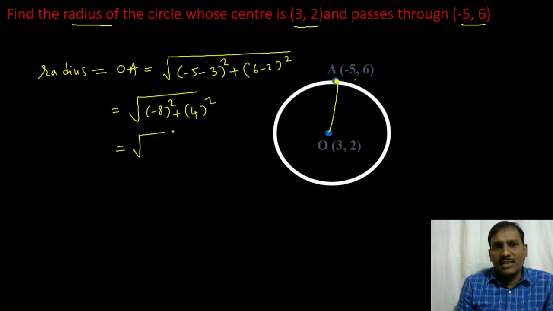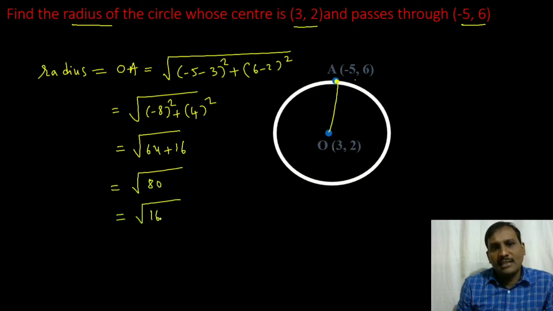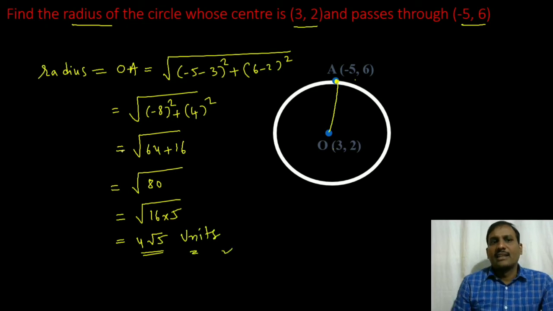So minus 8 square is 64 plus 4 square is 16. So root of 64 plus 16, that is 80. And you can write it as 16 into 5. Root 16 is 4, so 4 root 5 units is the length of the radius.